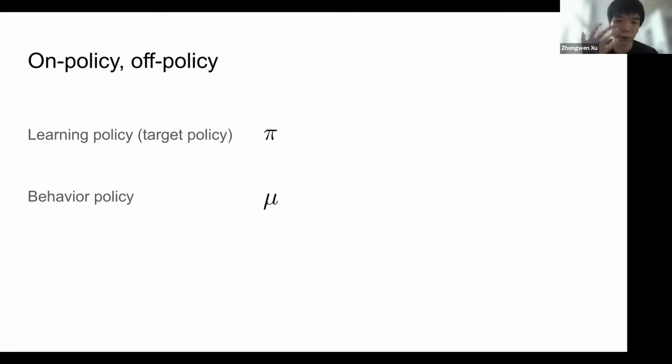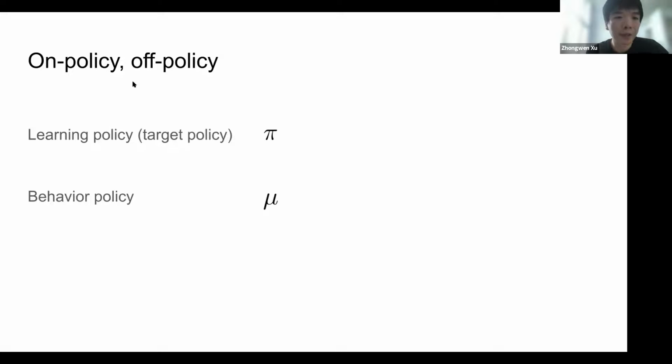Normally you will use the action sampled from the learning policy pi, and every so often, with certain probability, you sample a random action. So your behavior policy will become your learning policy pi plus some epsilon greedy policy. So it's different, and in that case, the algorithm will be called off policy algorithms.